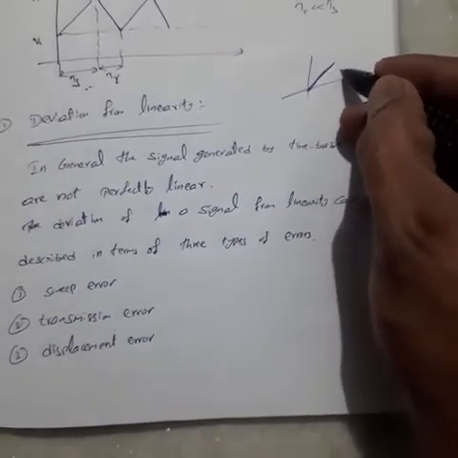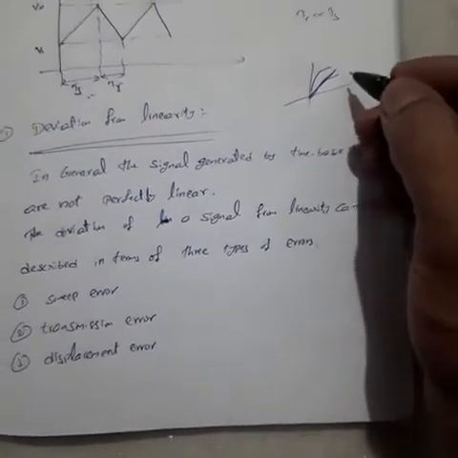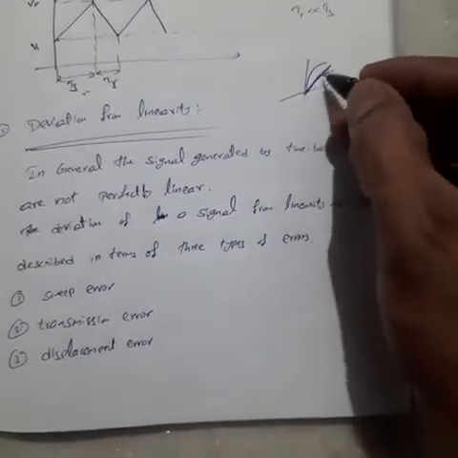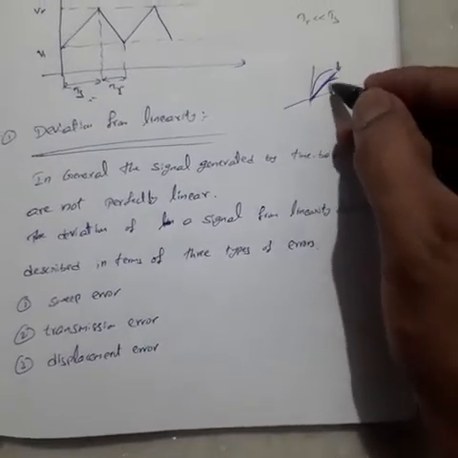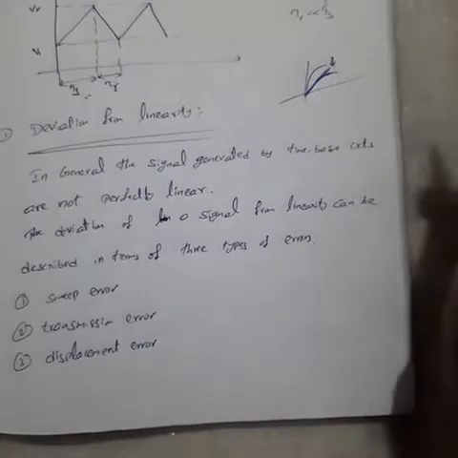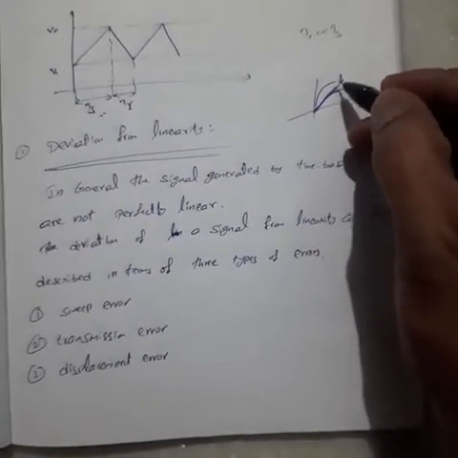It can deviate like this, it can deviate like this. That means we can get a waveform different from the expected value. That is called deviation from linearity.